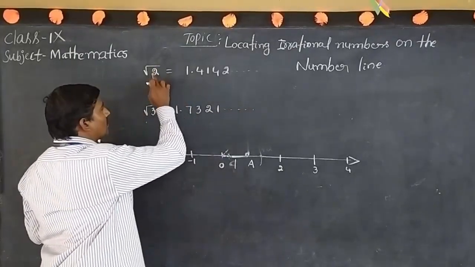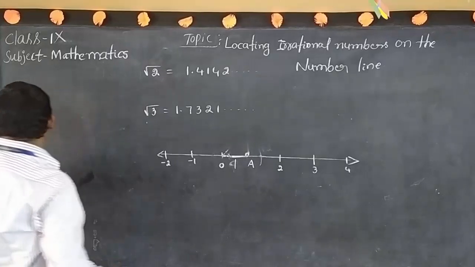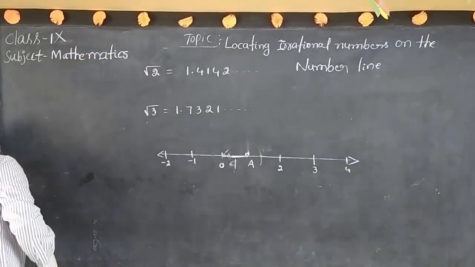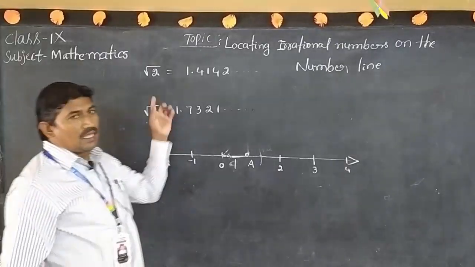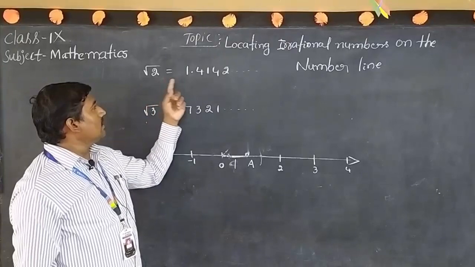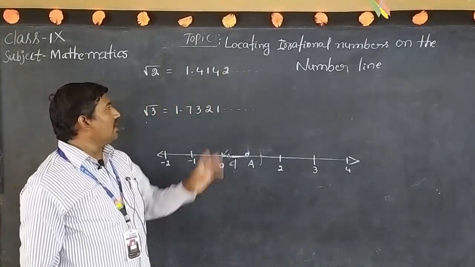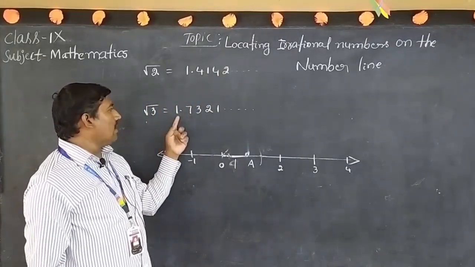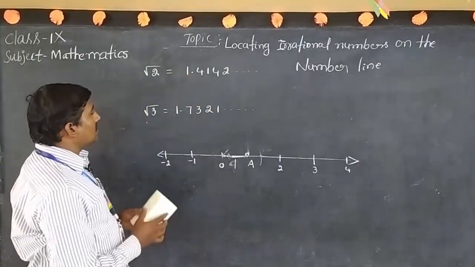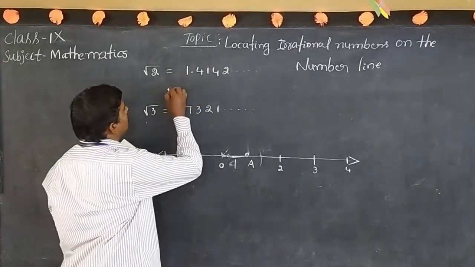Root 2 is an irrational number. Root 3 is an irrational number. In between these two values, so many numbers are possible.